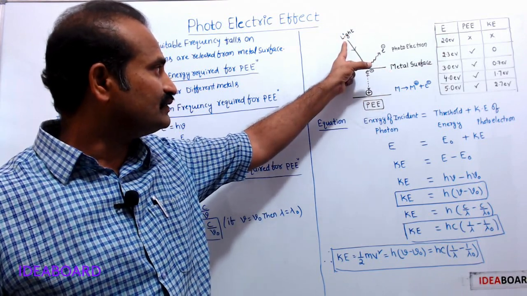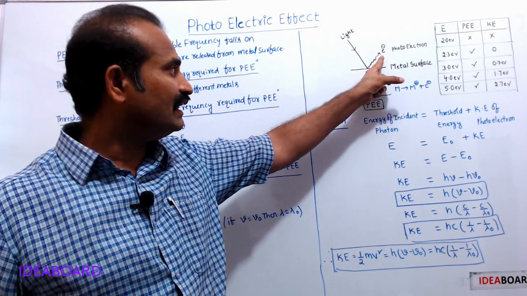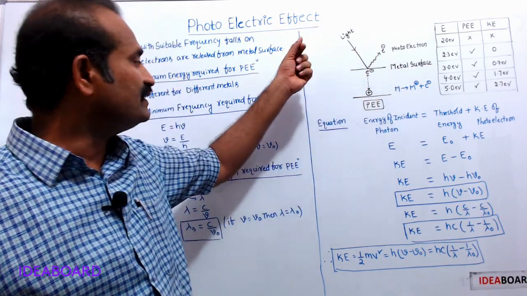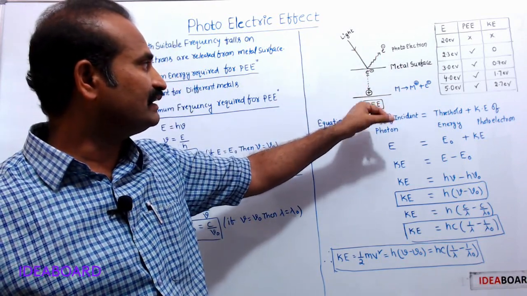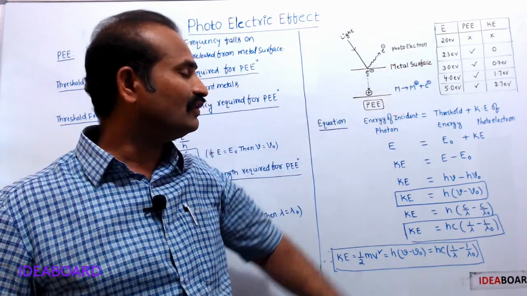When light with a suitable frequency falls on a metal surface, electrons are released from the metal surface. This phenomenon is known as the photoelectric effect, and the released electrons are known as photoelectrons.